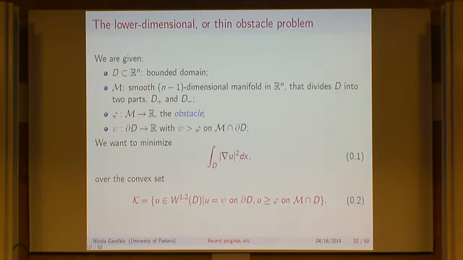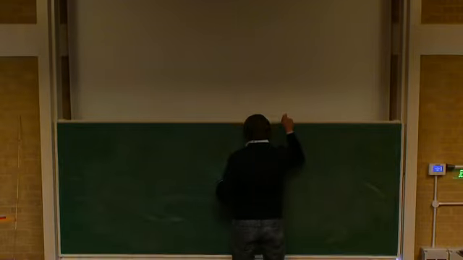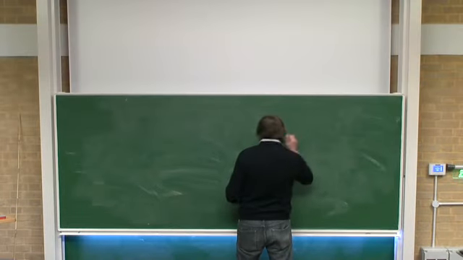For the lower dimensional obstacle problem, we have the following mathematical formulation. Think of a domain D, and think of an (n-1)-dimensional submanifold that divides D into two parts, D plus and D minus. I will mostly concentrate on the situation in which this manifold is flat.